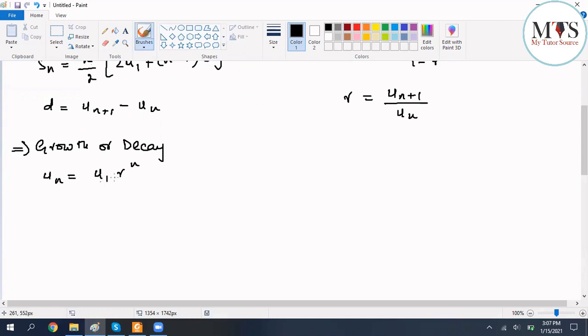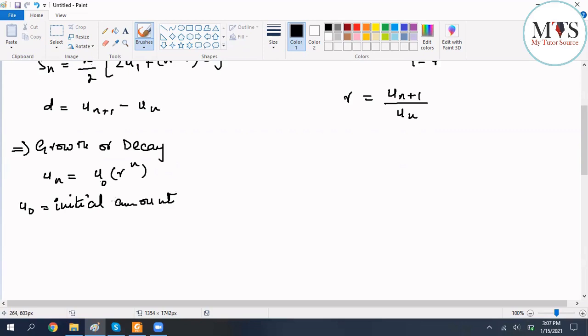U0 stands for your initial amount, because when we're talking about the growth or decay of something, we start from one specific amount, and from that amount we're either growing or decreasing in value.